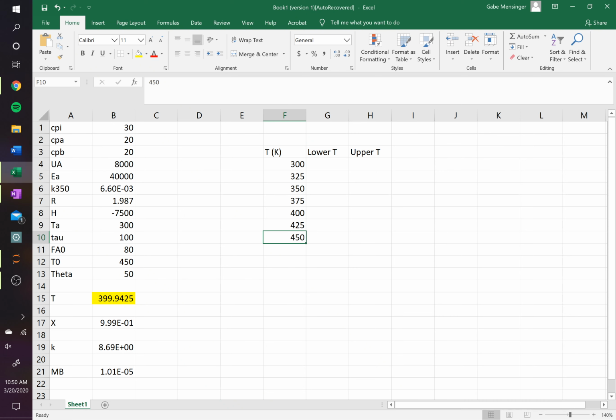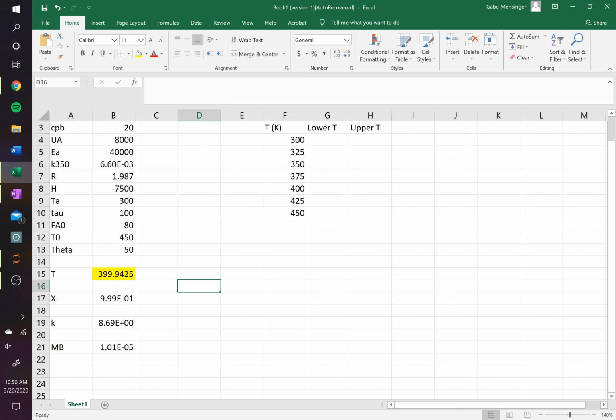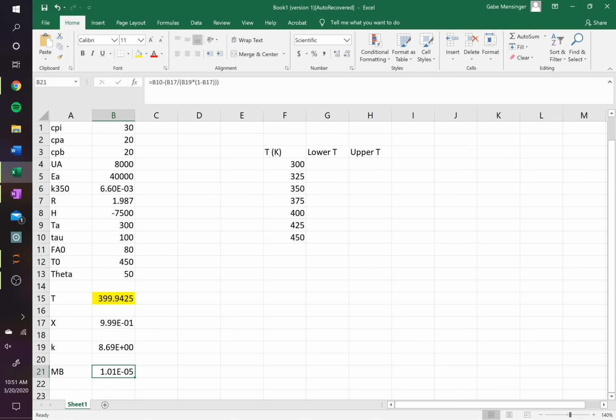And if you remember back to problem 1, with a new inlet temperature, the conversion, K, our reaction rate constant, and our overall mass balance were all functions of T. And the reactor temperature is going to change with the inlet temperature, which means that we're going to have new conversions, new reaction rate constants, and new mass balances at all of these.